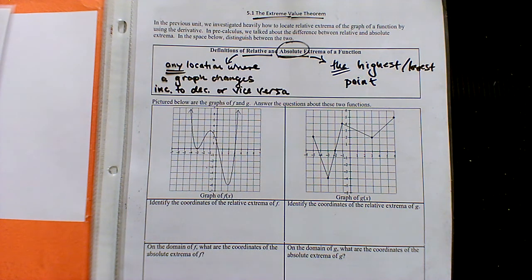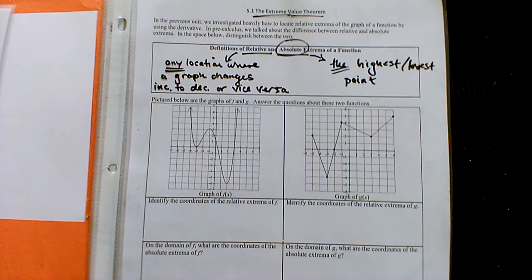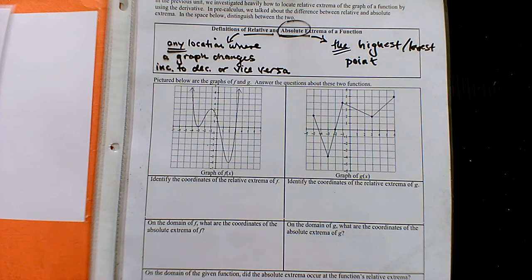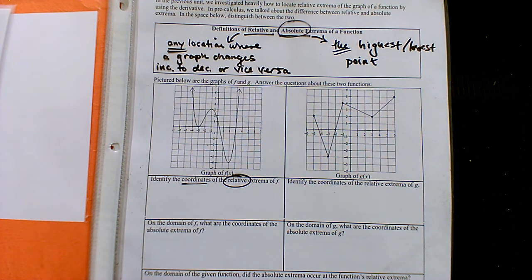All right, so we're just going to practice identifying the difference between these maxes and mins. Relative is any location. Absolute is one specific location, the highest or the lowest. So let's go ahead and try maybe this polynomial one first. Can we find coordinates of relative max or mins?